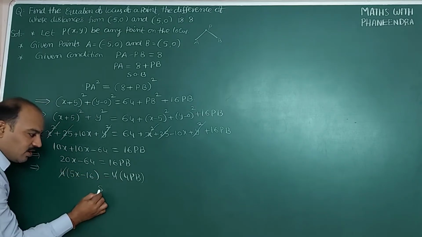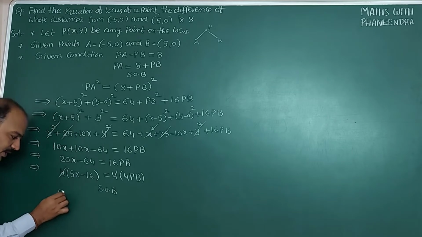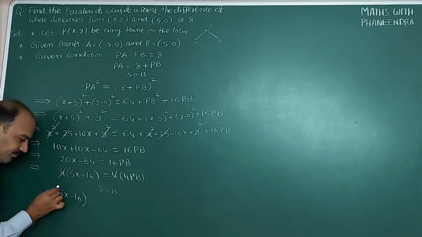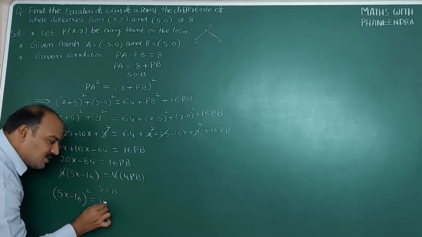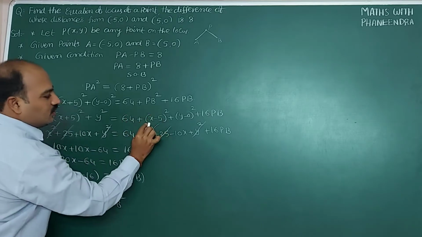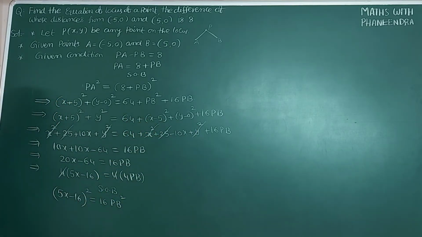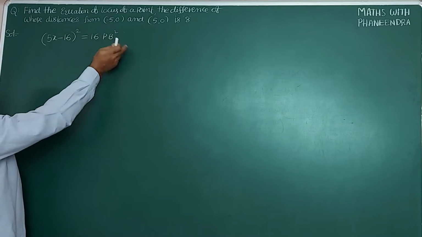After that, squaring on both sides. So 5x minus 16 whole square equals 4 PB whole square. 4 square means 16 PB square. PB square we already wrote down. This information you have to write again here. So the a minus b whole square expansion. See, after this step, 5x minus 16 whole square is equal to 16 PB square.